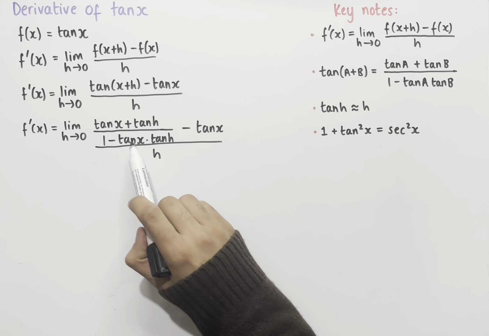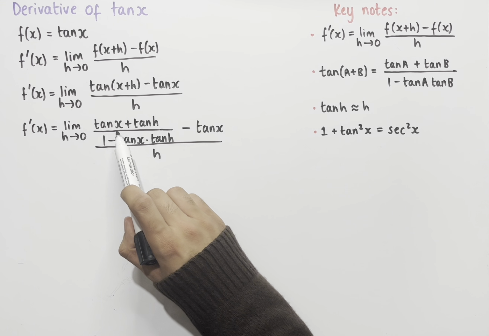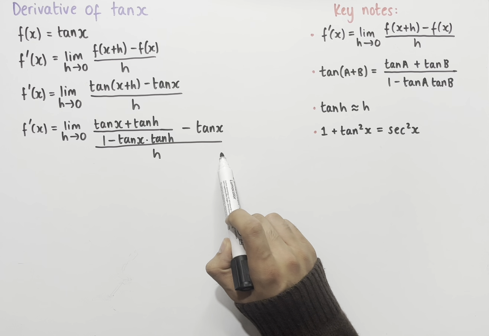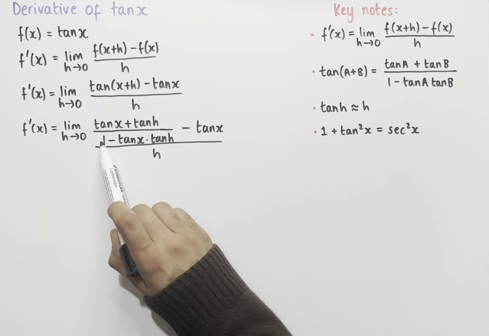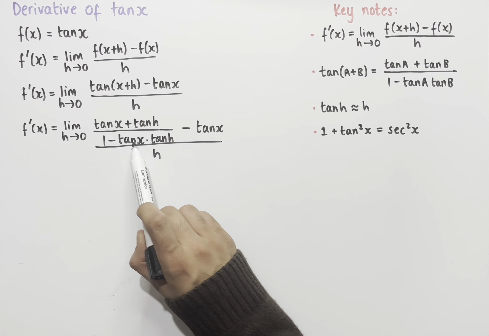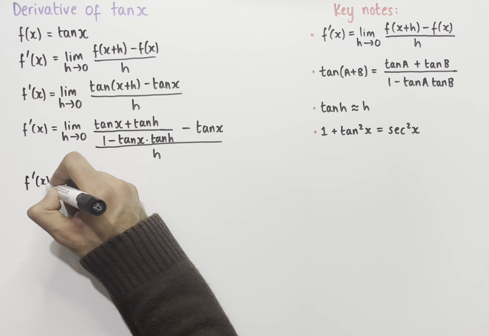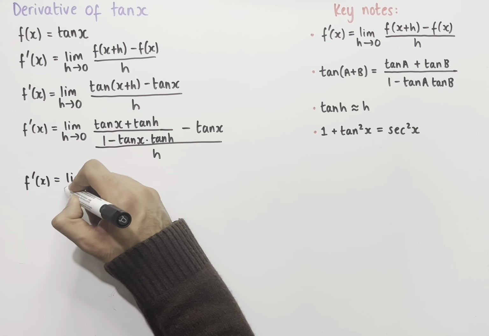Now, since we have a fraction within a fraction, what we're going to do is multiply both the numerator and denominator of the outer fraction by this denominator here, 1 minus tan x times tan h. We end up with f dash of x, which equals the limit as h tends to 0.